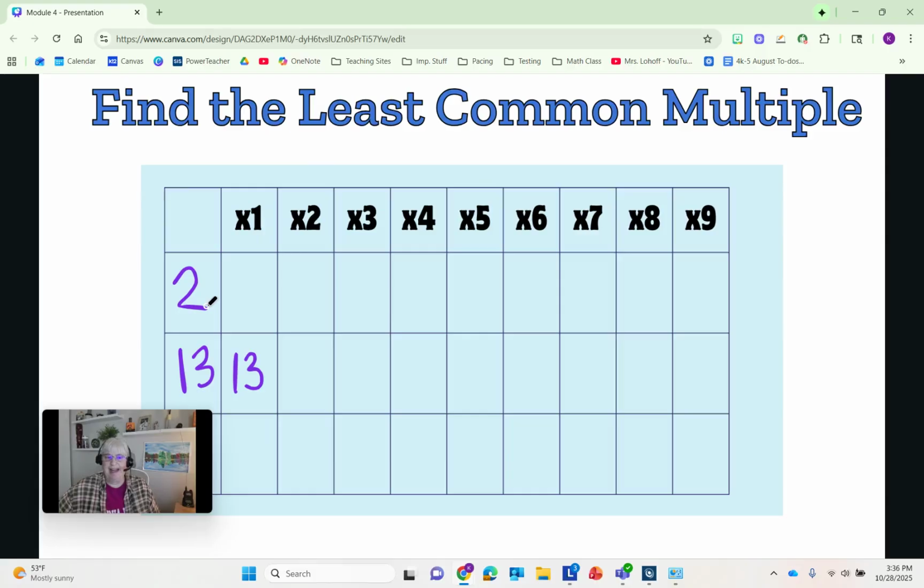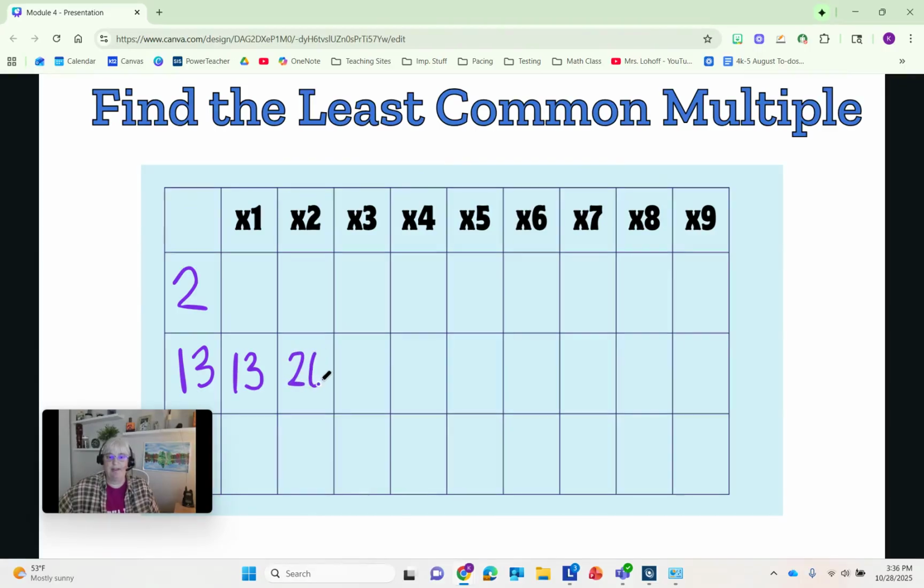And I know that if I count by twos, 2, 4, 6, 8, 10, 12, 14, those are all even numbers. And 13 is not even, so it's not going to be on the 2 list. 13 times 2 is 26.